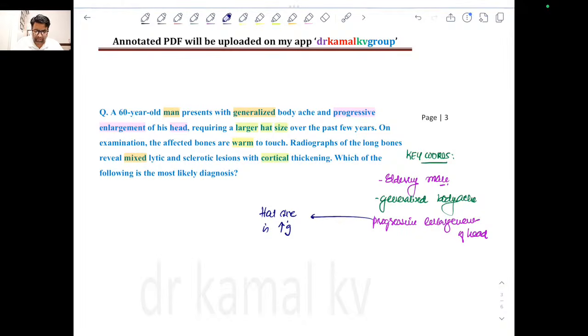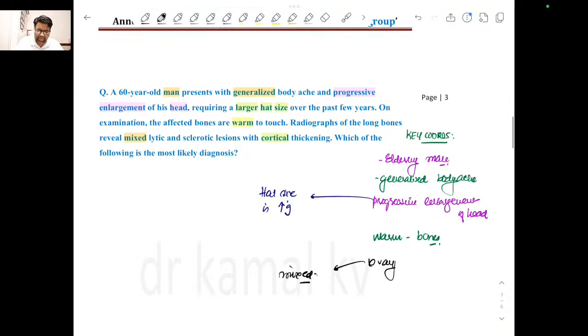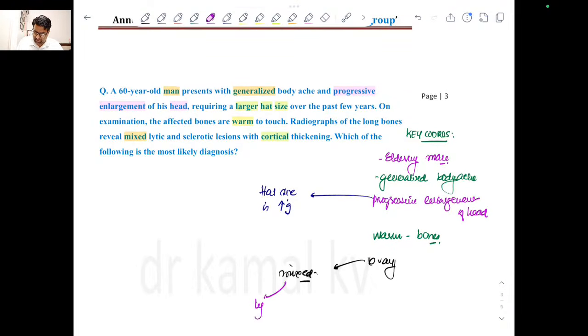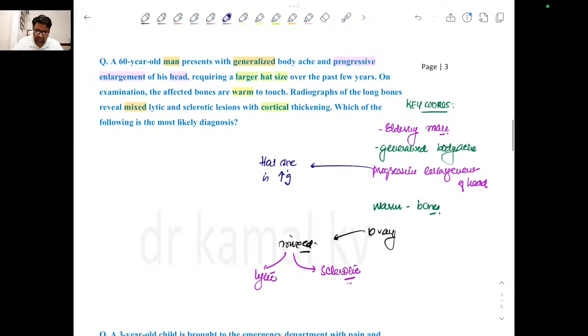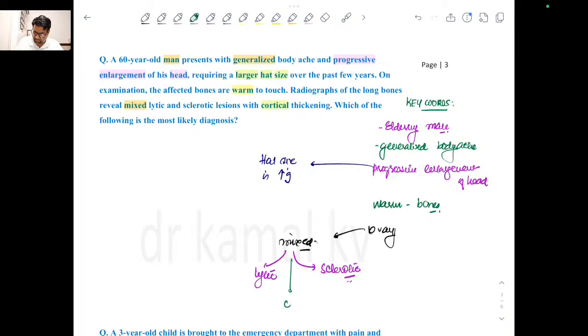Every time he has to take a bigger size hat. And then what is happening? Warm bones, right? So bones are appearing warmer, and then X-ray shows mixed lesions. Mixed in the sense lytic as well as sclerotic. And obviously there is cortical thickening as well. This is also a very important point.